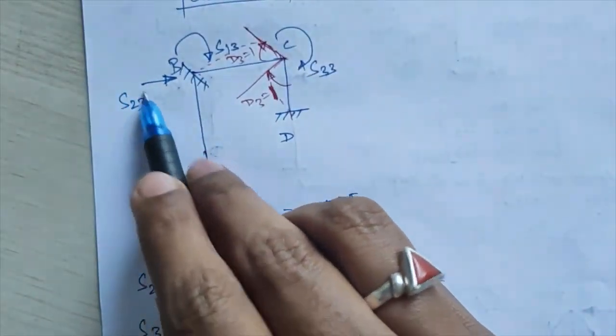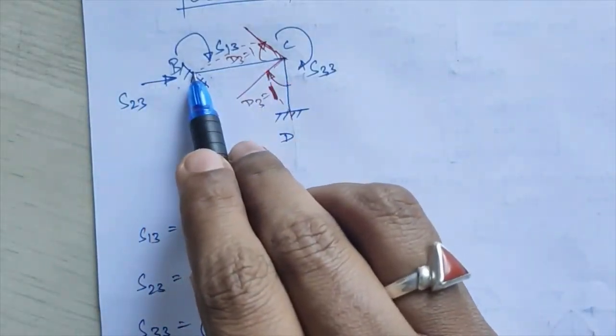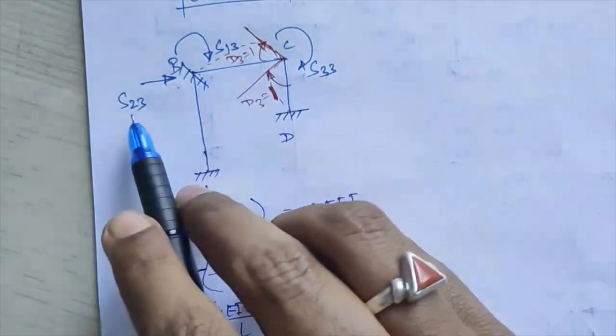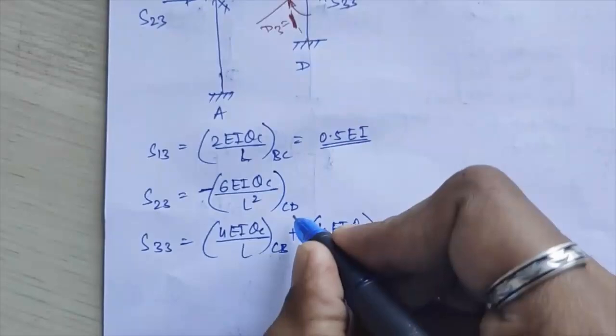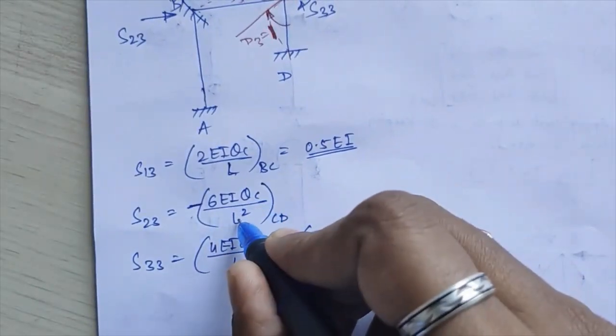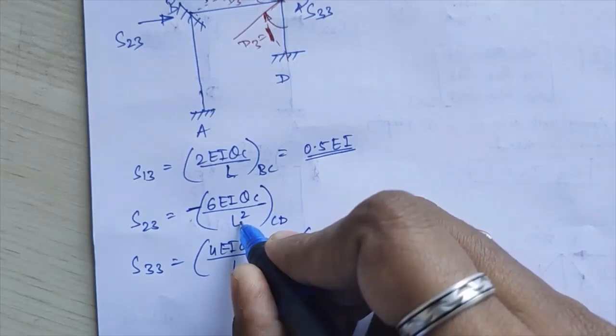Whatever influence of S of 2, 3 is on B, the same is on C. That is why I have considered this for CD: 6 EI theta C upon L square.